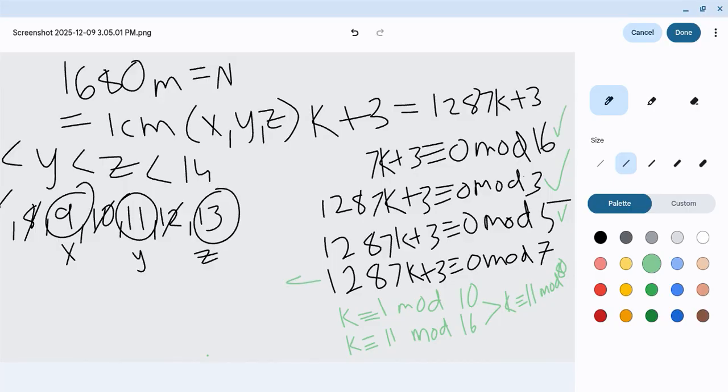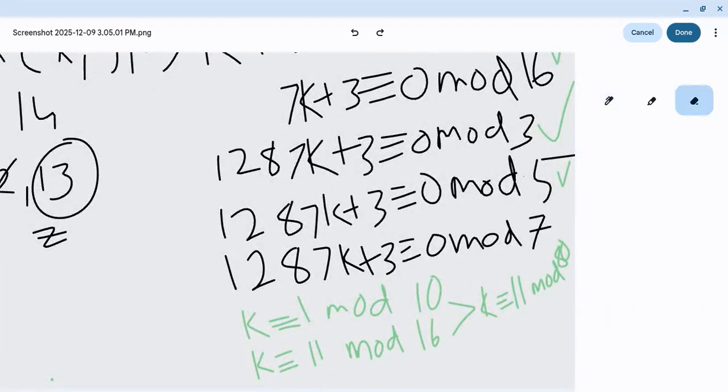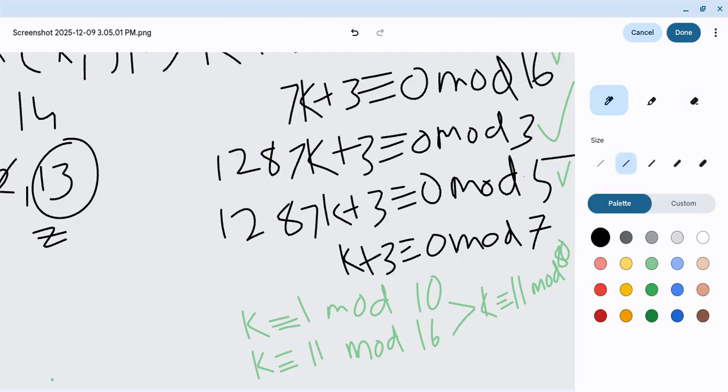This is the last one now. We take 1287 mod 7, which gives you 6. So you want to plug in some number k such that 6k plus 3 is a multiple of 7. So we take the first few numbers that satisfy the previous condition, which are 11, 91, 171, 251, and so on.